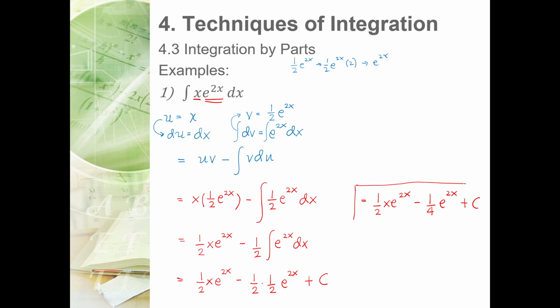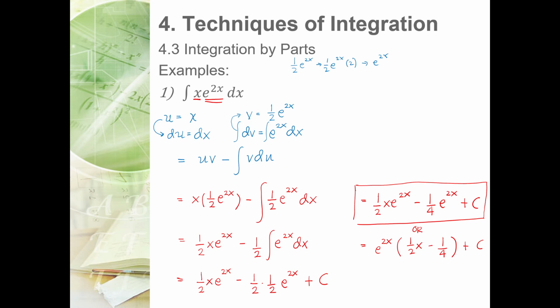So this is the final answer. Or if you want to factor out e to the power of 2x, you can do that also: e to the power of 2x times (1/2 x minus 1/4) plus c.